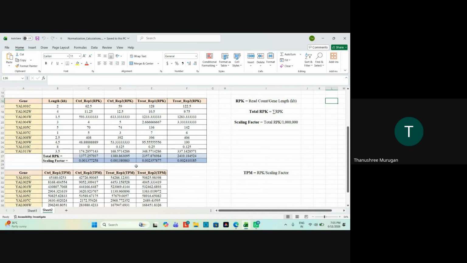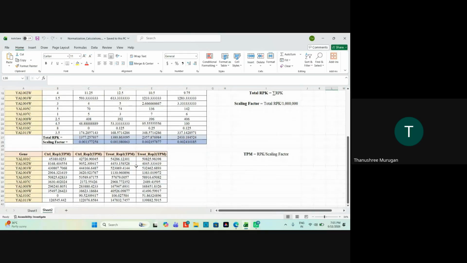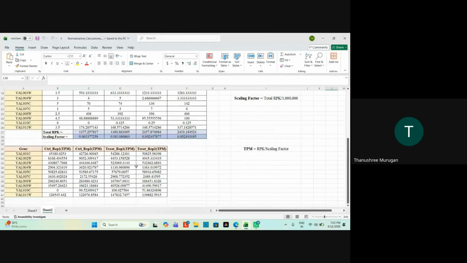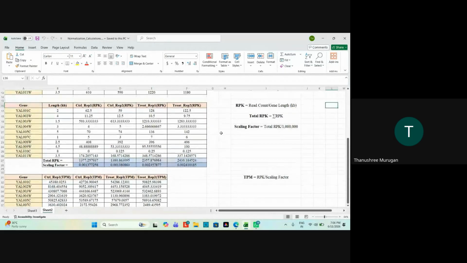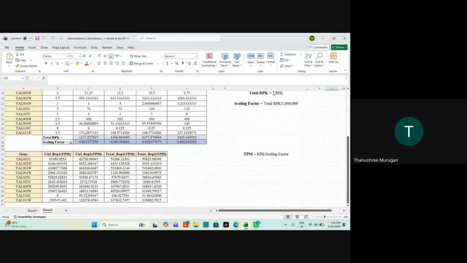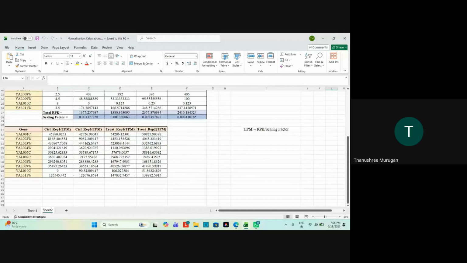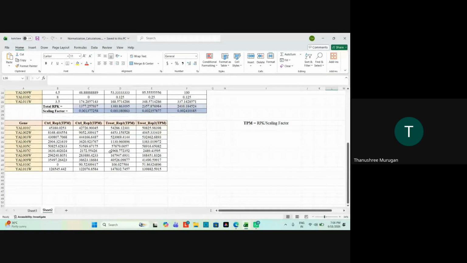Then finally, I calculated the TPM values by using this formula. For that, I used these RPK values and then I divided them by this scaling factor. So using this formula, I calculated the TPM values for all genes across all samples.